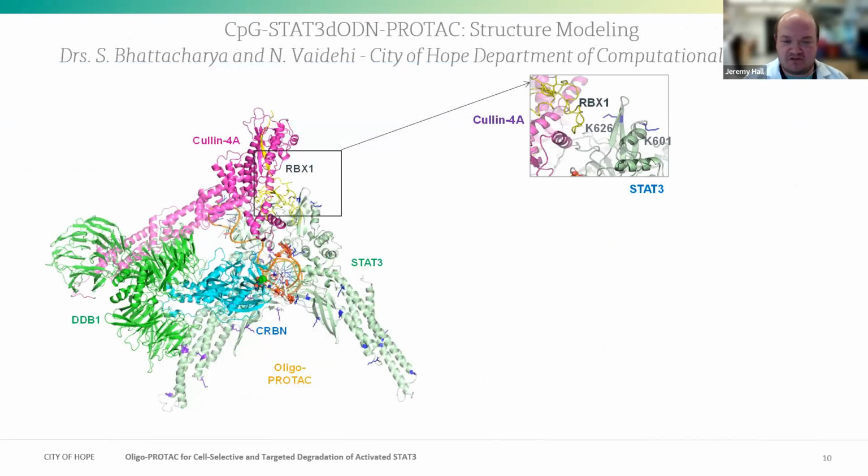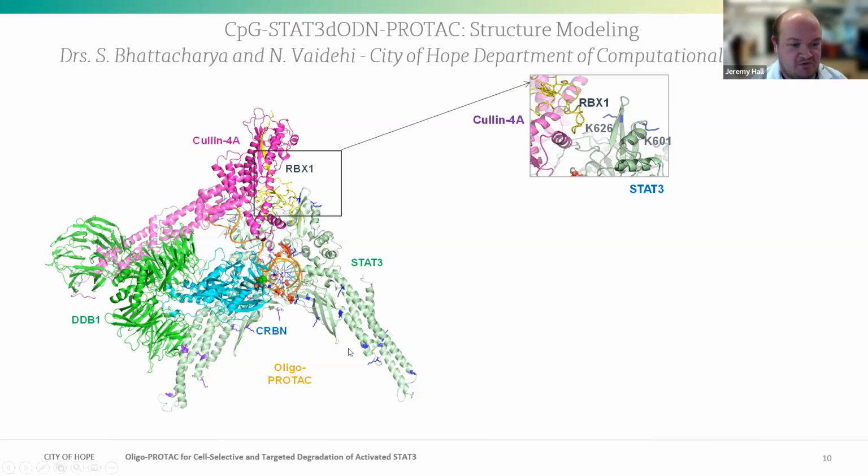So in this model that was generated in silico for us by our colleagues in the Department of Computational Medicine at City of Hope, you can actually see the decoy ligand interacting with the DNA binding domain here of STAT3, and then obviously we have thalidomide on one end. It's a little small in this diagram, as a small molecule it's a little bit hard to see here.